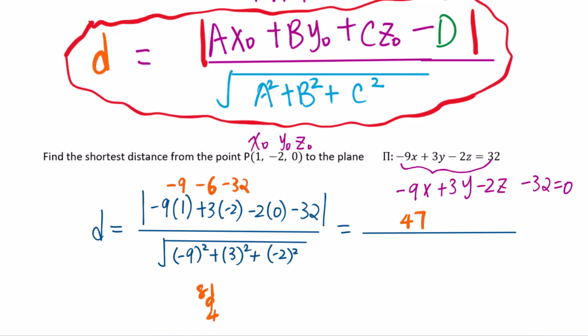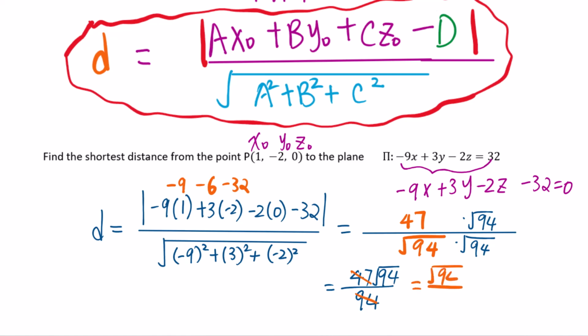Denominator, we got square root 94. 94 cannot be divided by 4, 9, 25, or 49, so this is a simplified square root. Then multiply by square root 94 top and bottom. We got 47 square root 94 over 94. Reduce, equals square root 94 over 2.